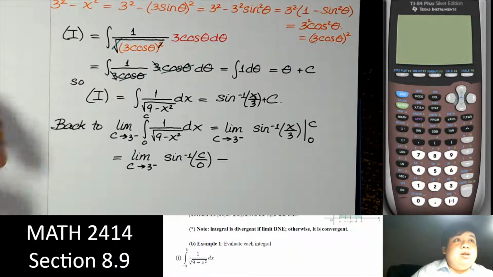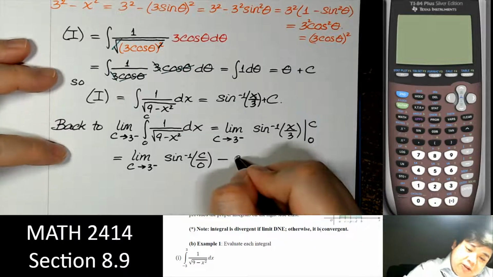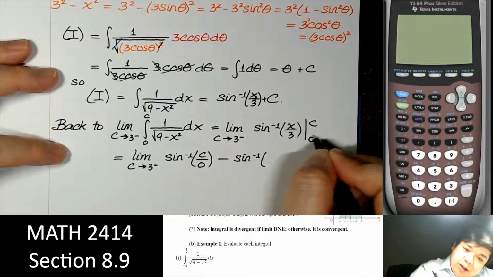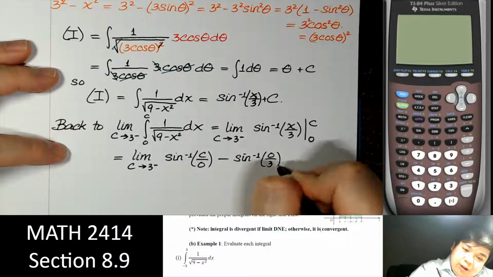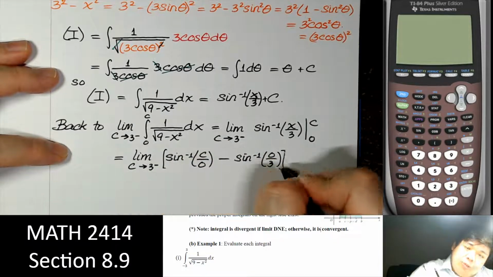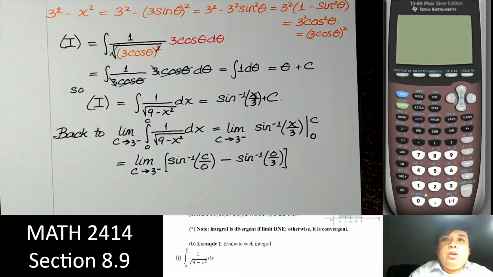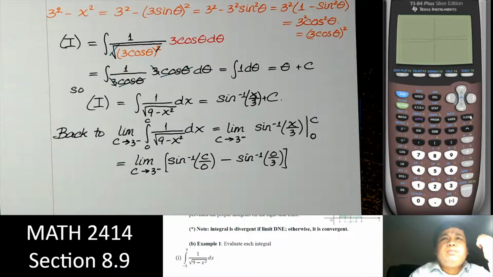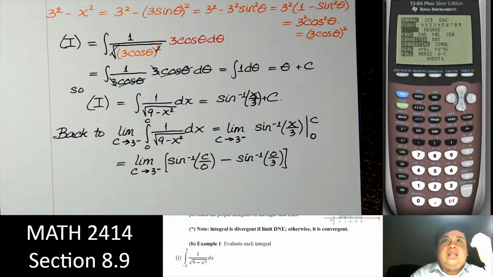And we have sine inverse of that minus sine inverse of 0 over 3. Now this should be easier if we use a calculator, and usually when I use the sine inverse or any trig inverse, it will be better if we use degree mode, so we can tell what exactly it is.